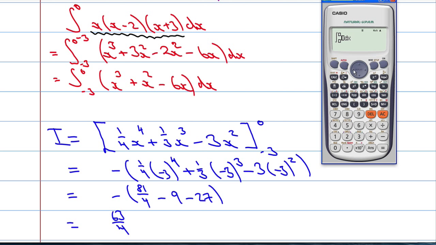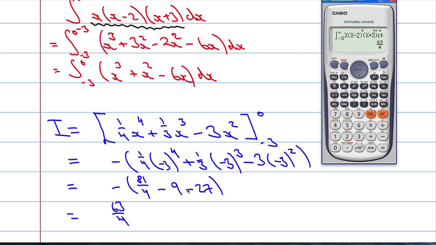What I'm going to do is actually put this function in from the top. So I'm going to integrate between negative 3 and 0. And what we want to integrate is x times x minus 2 times x plus 3, closing that off and hit equals, and we get 63 over 4, and look at that, lo and behold, that's exactly what we had, 63 over 4.